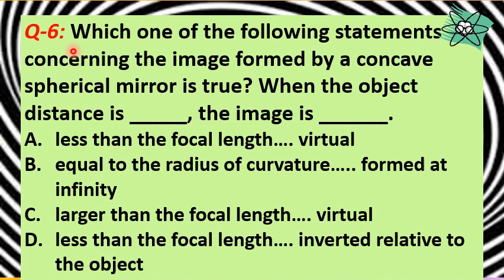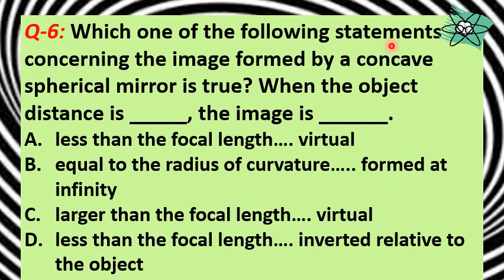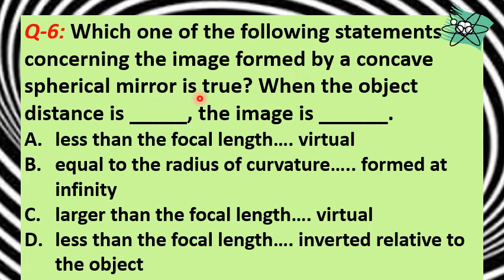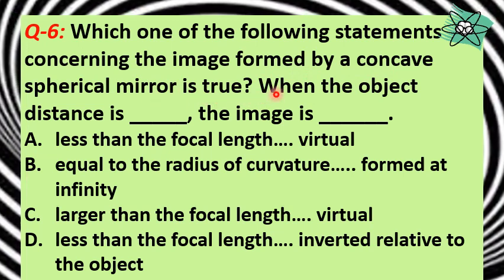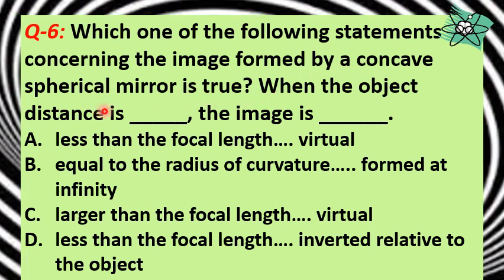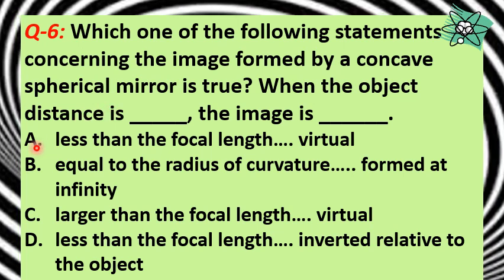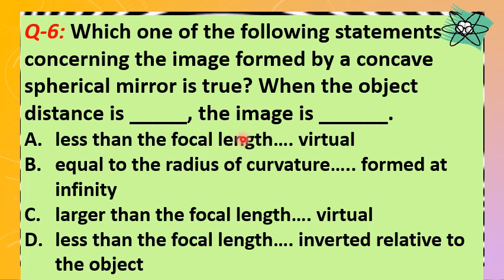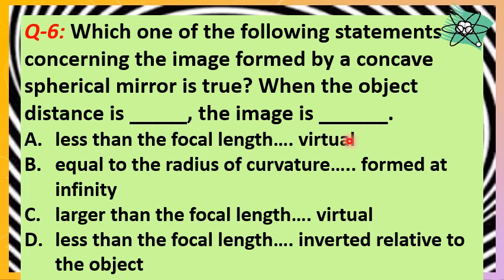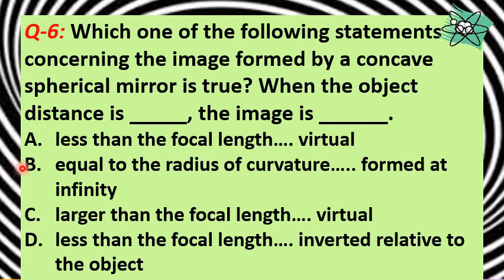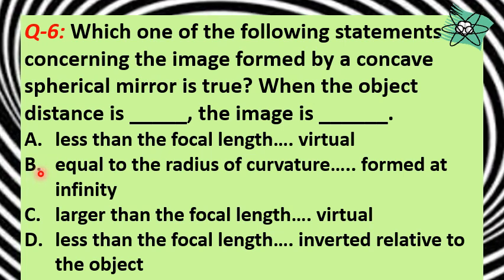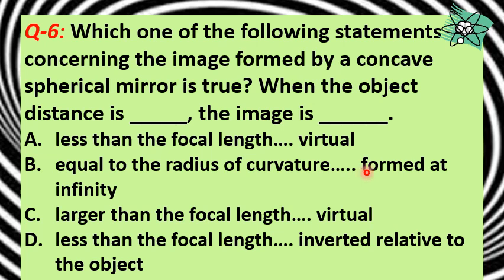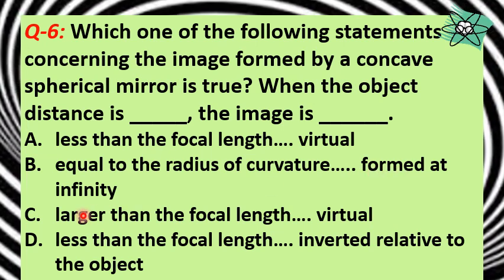Question number 6. Which one of the following statements concerning the image formed by a concave spherical mirror is true? When the object distance is, option letter A, less than the focal length, then the image is virtual. Option letter B, when the object distance is equal to the radius of curvature, the image is formed at infinity.